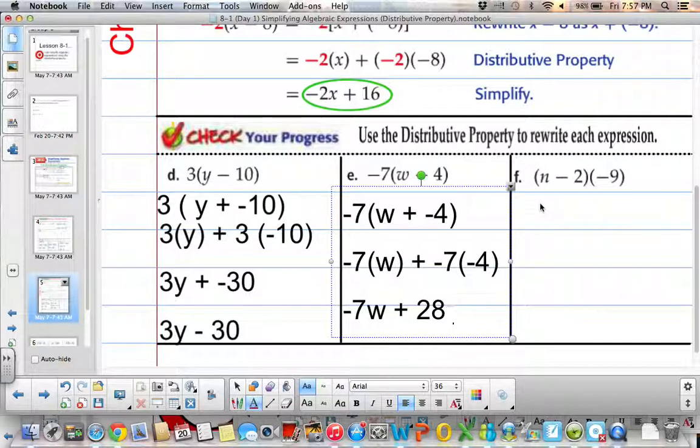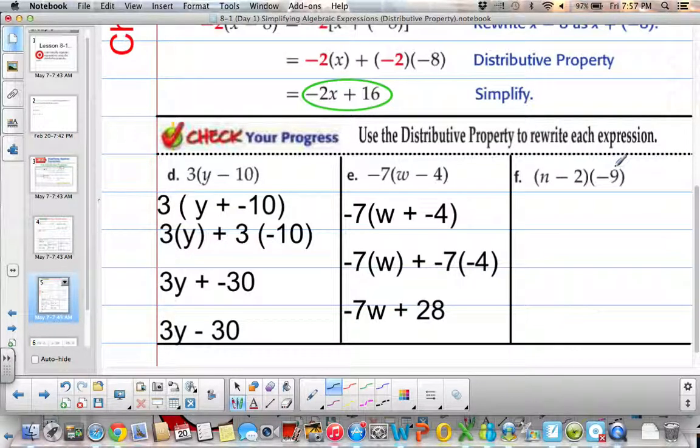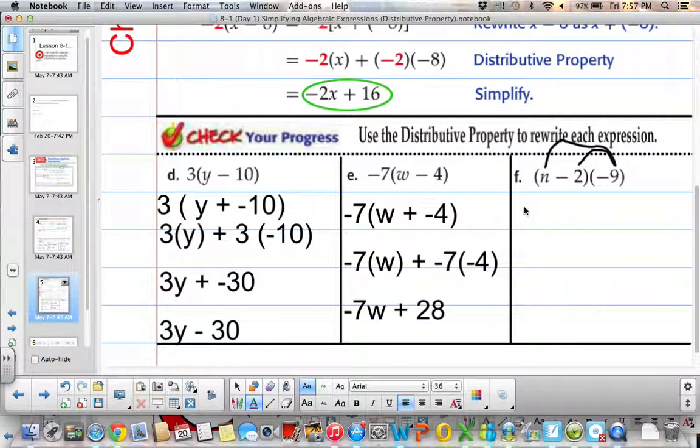This time we have our negative 9 on the outside, so we look for the number that's alone, so we're going to distribute that one into n minus 2. Okay, but I'm going to rewrite it first. N plus negative 2 times negative 9.